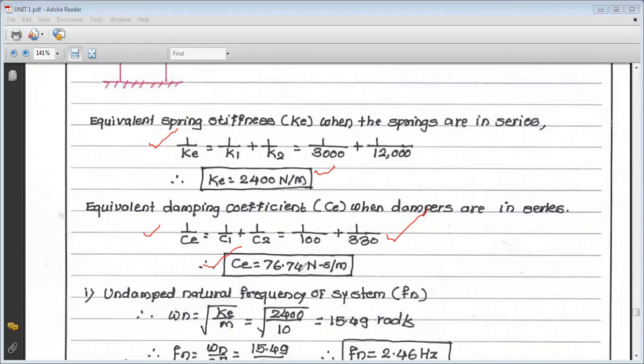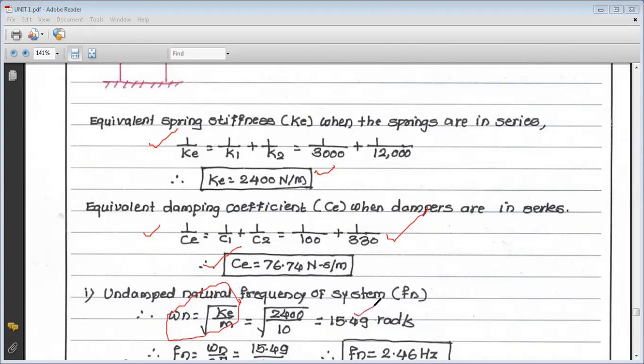Now to find the undamped natural frequency, that is omega n or Fn. For undamped natural frequency, omega n is the square root of Ke upon m. The value of K is 2400, because we are considering the equivalent system. So 2400 upon 10.